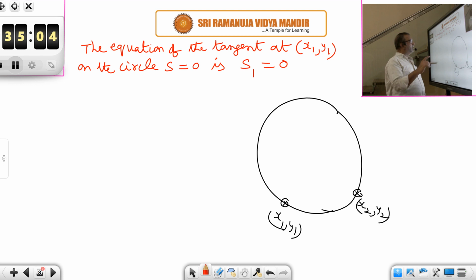The equation of the tangent at the point x1 y1 on the ellipse s is equal to 0 is s1 is equal to 0. The equation of the tangent at the point x1 comma y1 on the hyperbola s is equal to 0 is s1 equal to 0. But in every chapter what is meant by s will change.